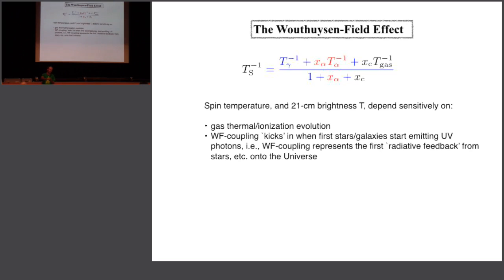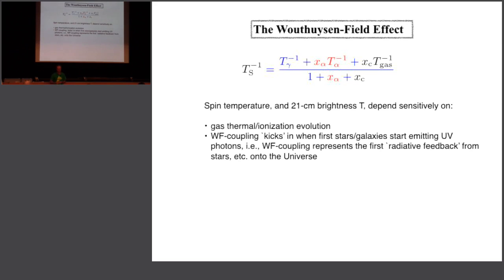It will probably hit one of the Lyman series resonances first, and then you have one of these radiative cascades that goes down and you get a Lyman-alpha photon. Once you have Lyman-alpha photons, you have incredibly frequent scattering before the photon escapes. So the Wouthuysen-Field effect is linked to the formation of the first stars and galaxies.